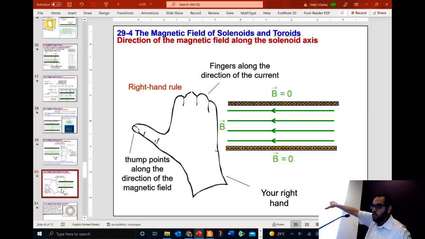So if you grab the solenoid with your four fingers in the direction of the current, your thumb is going to be pointing in the direction of the magnetic field inside the solenoid. So you can see in this chapter we have different variations of the right hand, different usages. So let's try to derive this equation.